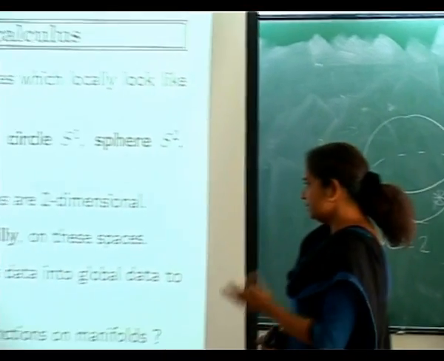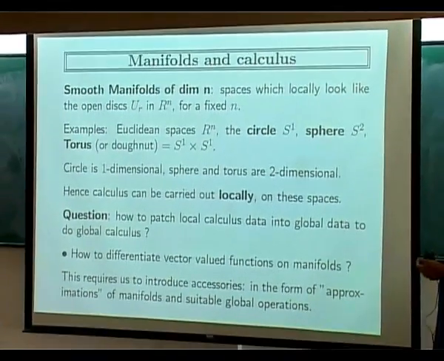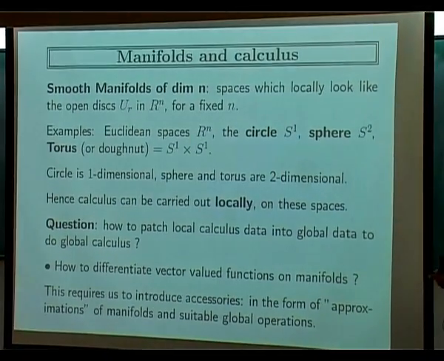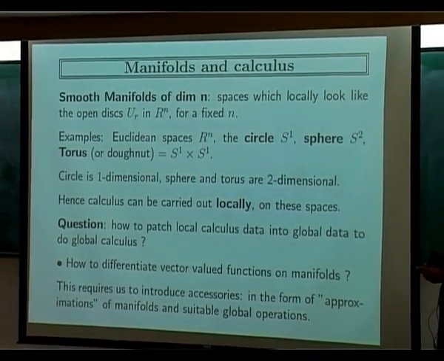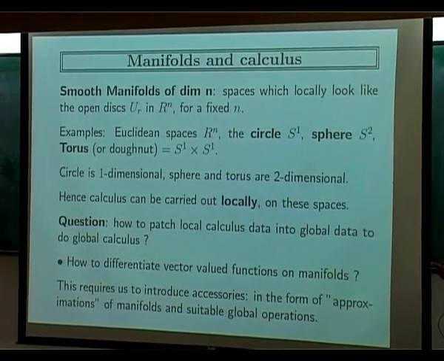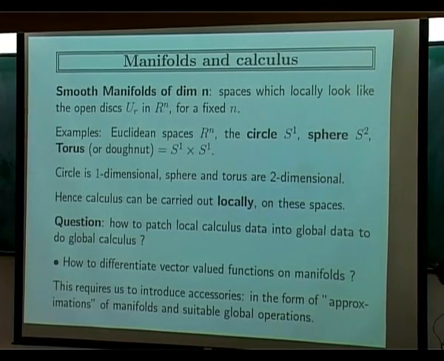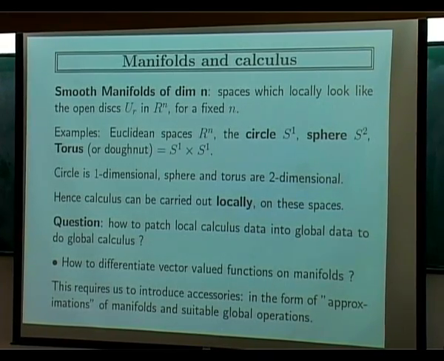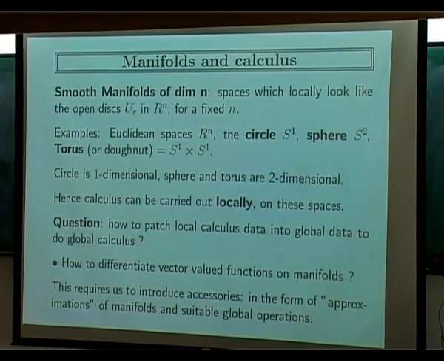And another aspect here is that, once you define good topological spaces, you also want to carry out calculus on them, because at least in physics and in many other applications in engineering, we live in three-dimensional space, but actually if you look at additional parameters, one can ask, why do you need to look at Rn when anyway we are just living in three-dimensional space?